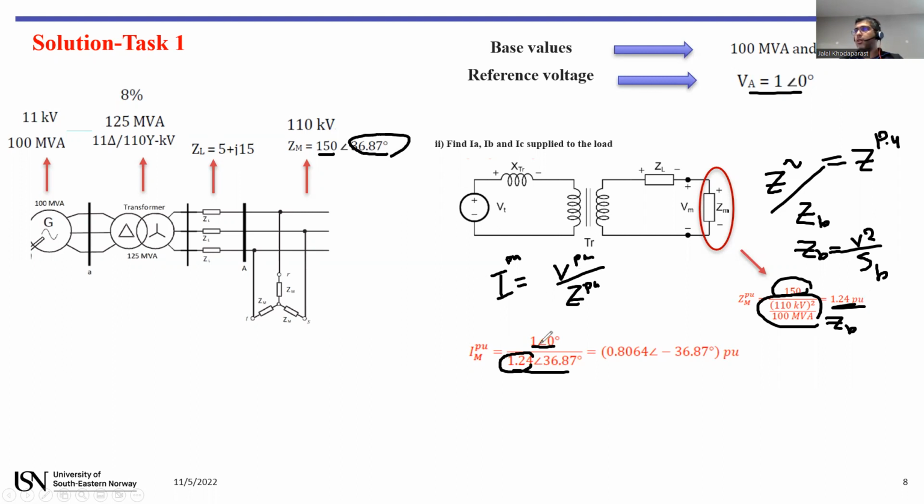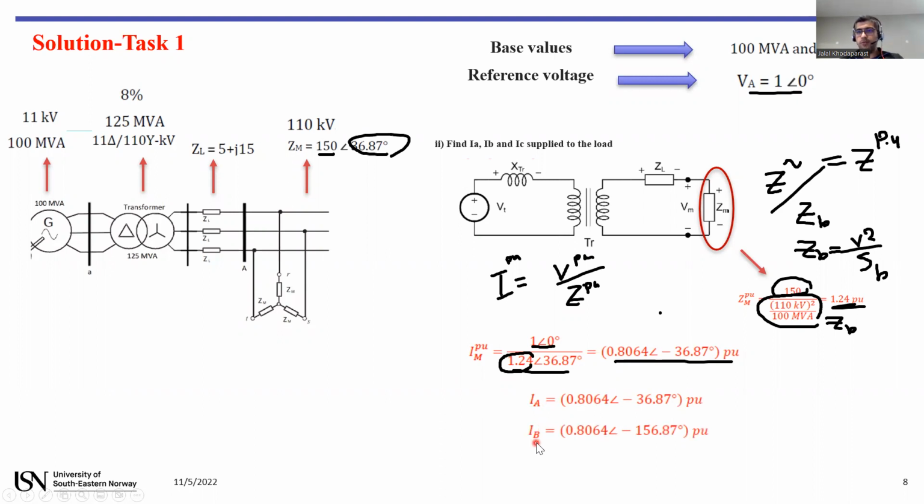If you divide the voltage by the impedance, you can calculate the current of the motor. And the current in phase A is calculated.